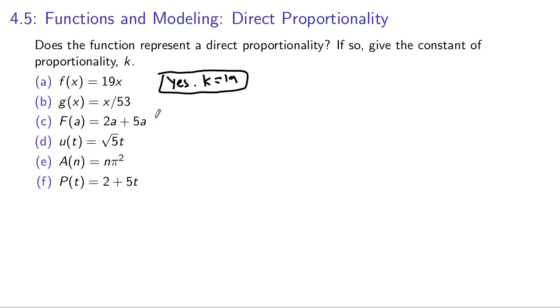For b, this is a little trickier. Let's rearrange this to be 1/53rd times x, the rule. And now it's clearly a direct proportionality, yes. The constant is 1/53rd.